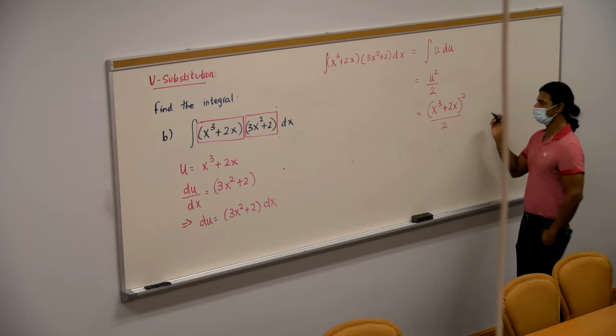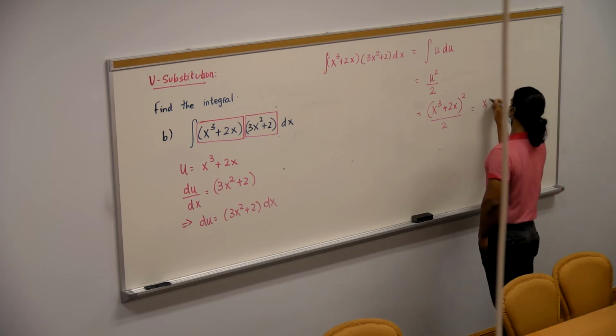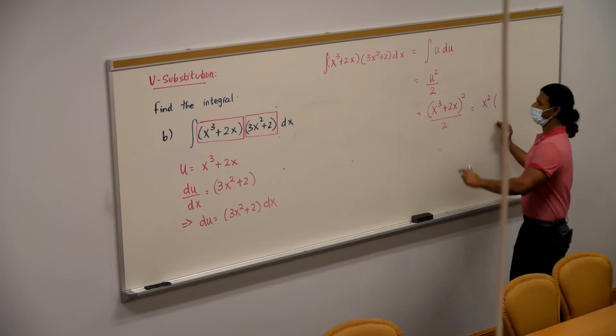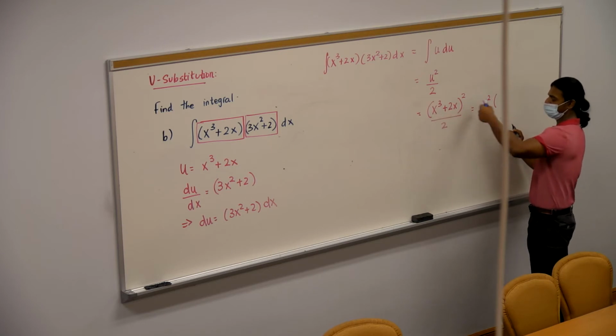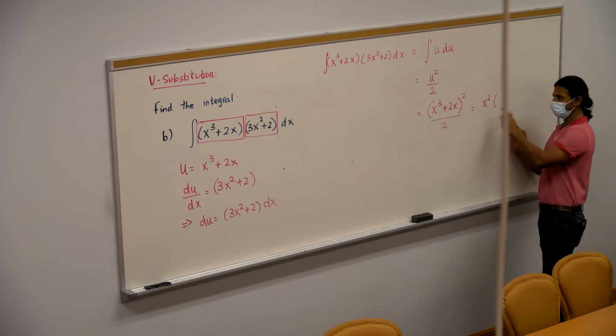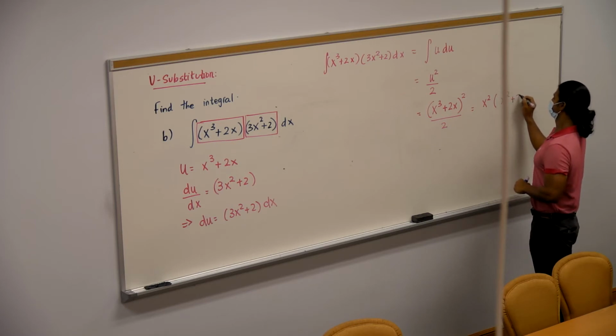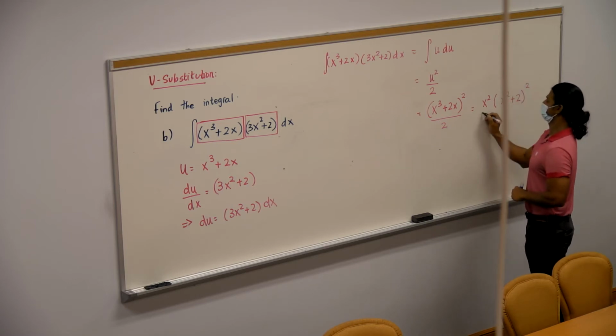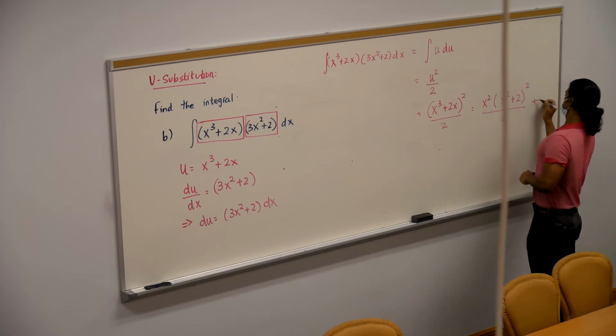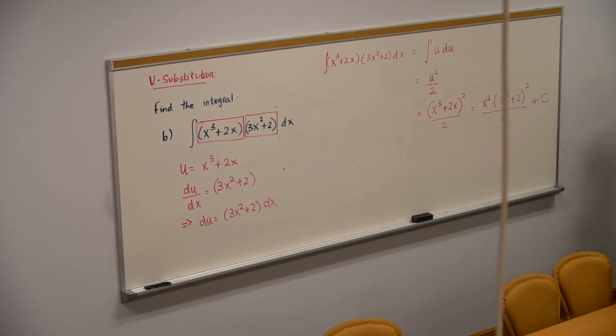X squared. So I'm pulling x out of the square, so I'd end up having x squared times x squared plus 2 squared over 2. I'm going to throw in the constant at the very last step. Does that make sense?